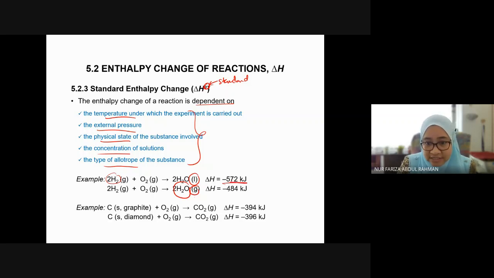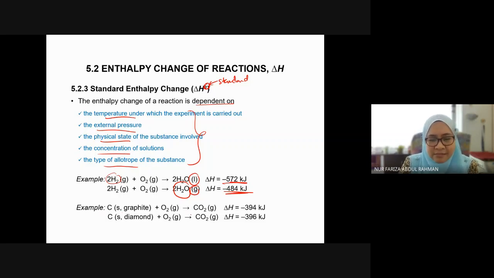As you can see, look at the enthalpy change. It's different. The rest are all the same. The state is the only thing that we alter for the second reaction, and the enthalpy change is also different.